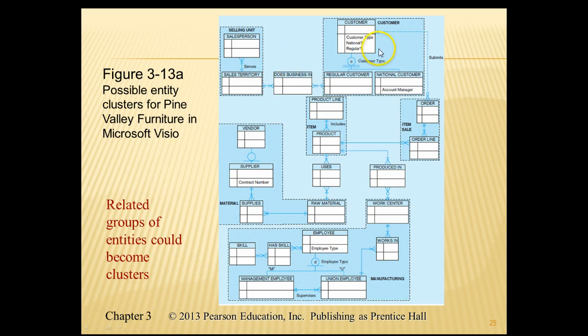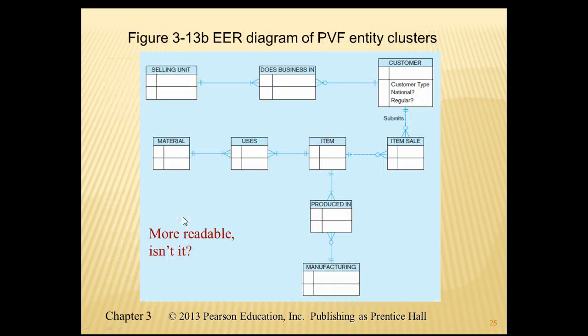So you'll notice that out of all these entities that are clustered together, we have selling unit, customer, item sale, and so on and so forth. And those entities clustered together become a diagram that's a little bit easier to read. Now, of course, this is not going to translate at all into what we see in our final database.